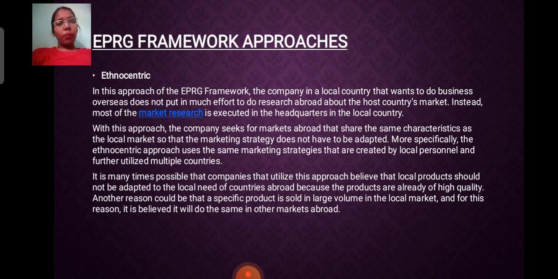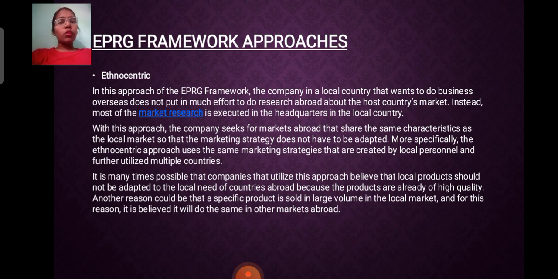In the ethnocentric approach of the EPRG framework, a business in a local country that wants to do business overseas does not put in much effort to do research abroad about the host country market. Instead, most of the market research is executed at the headquarters in the local country.